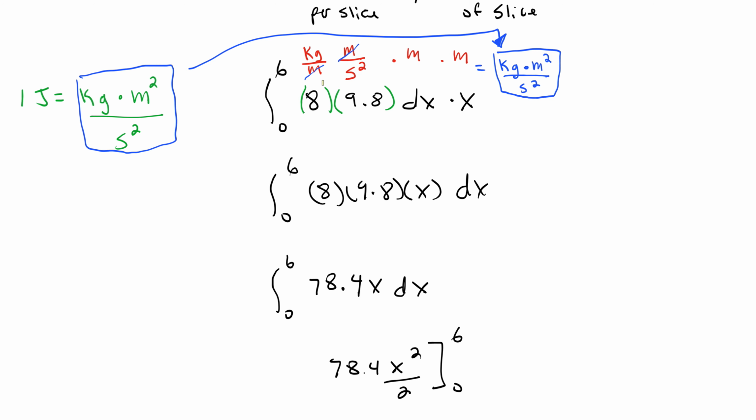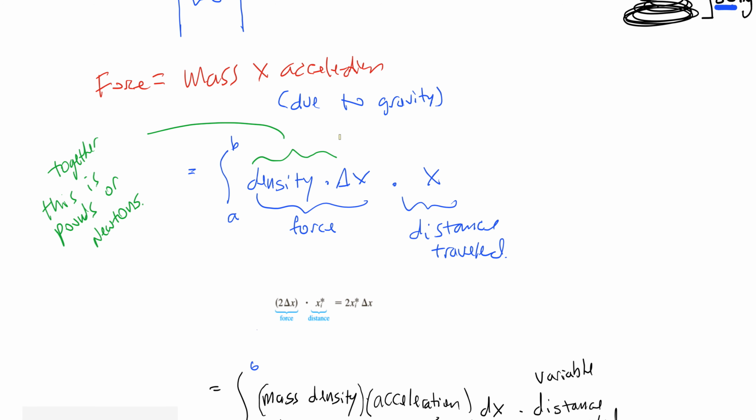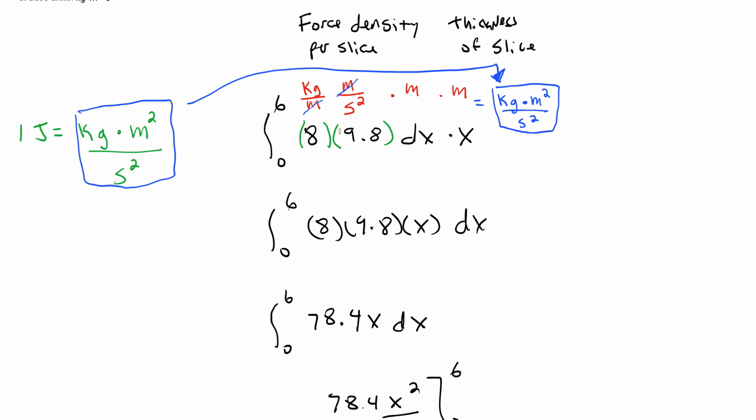The 8 is kilograms per meter, and the 9.8 is meters per second squared, that's acceleration. And dx, the thickness of the slice, is just in meters. And x, the variable distance traveled, is in meters.